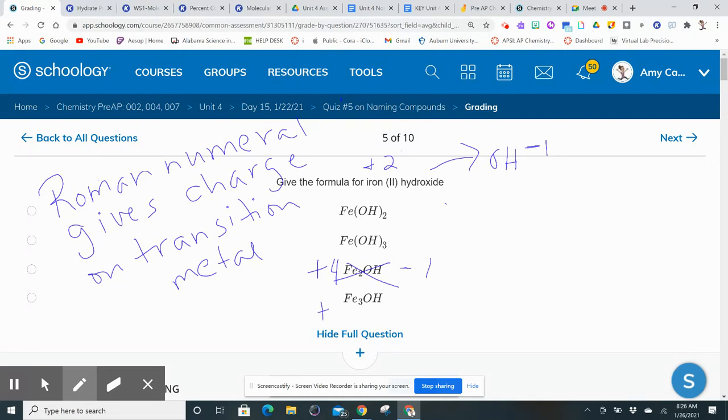That would mean +6 and -1. That doesn't balance either. That means this would be +2 and -3. That doesn't balance, right? So iron is +2. This is -2.